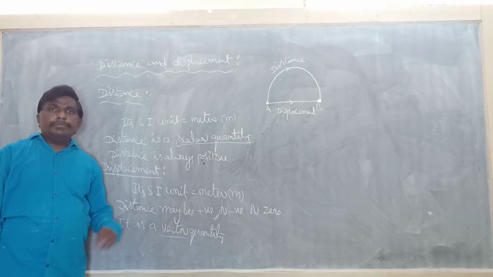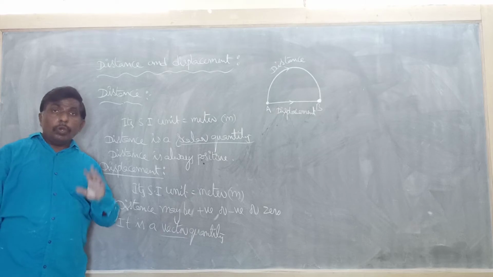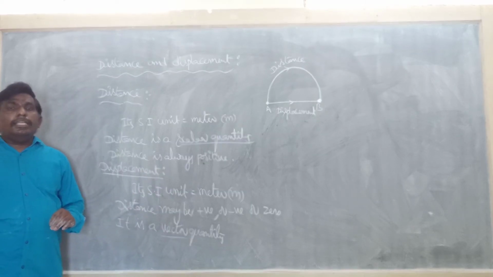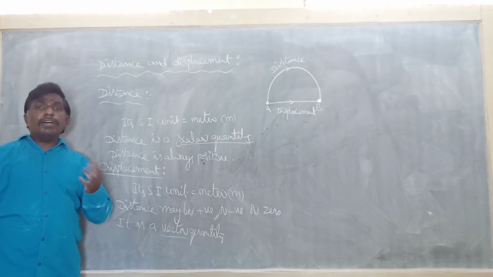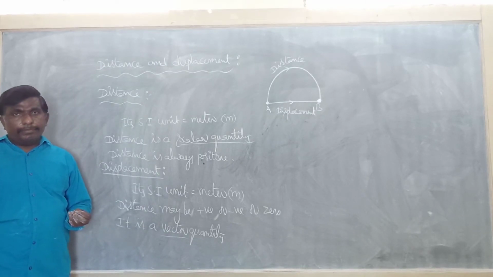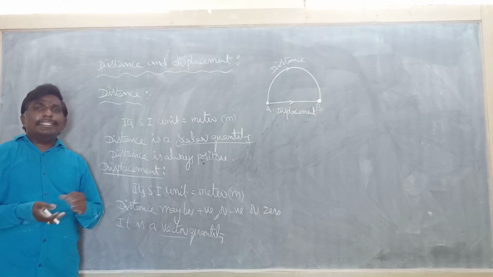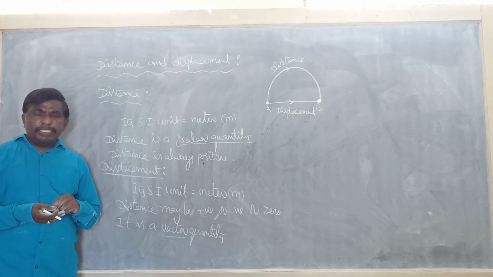A quantity which has both magnitude and direction and follows the laws of vector addition is known as a vector. Okay, so that's why displacement is a vector.